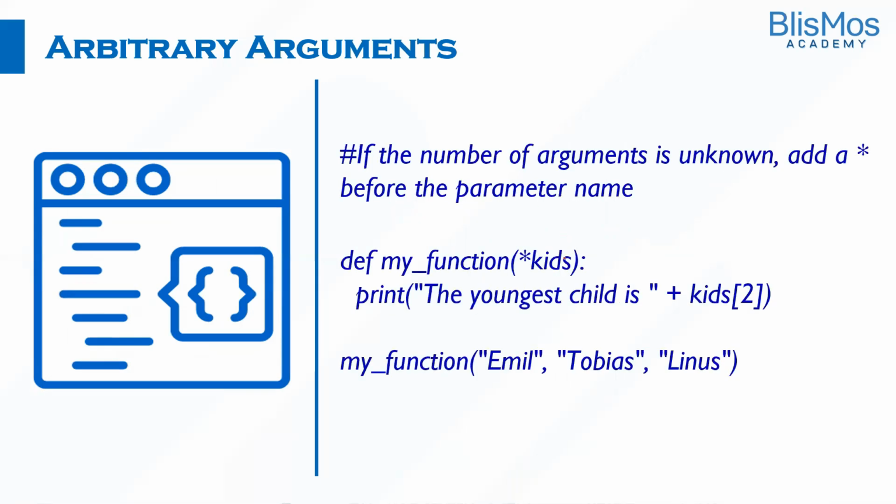In this case, instead of just providing kids, I am providing it as *kids. And then my statement would be: the youngest child is kids[2]. What it does is print the youngest kid, Linus, because in this tuple we have indexes 0, 1, 2. It will say the youngest child is Linus.